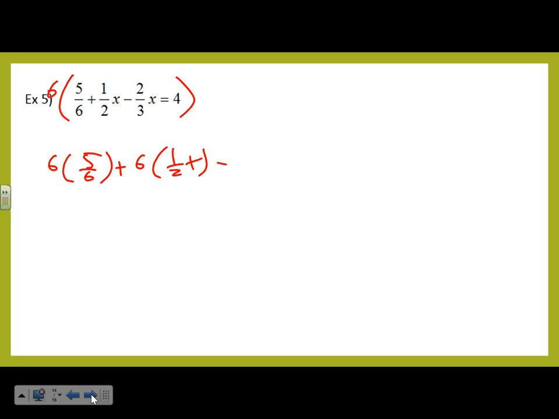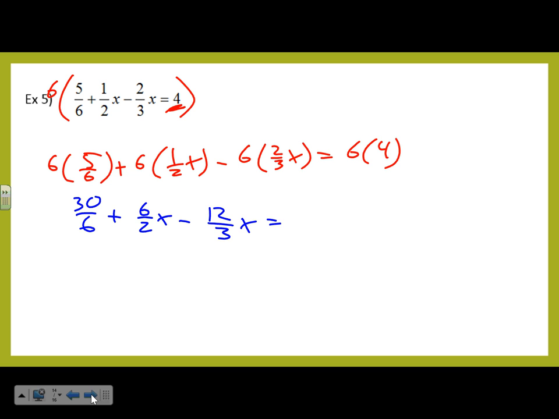Sorry, writing this all out. Don't forget to multiply everything, even that 4. A lot of people forget that. So that's 30 over 6 plus 6 over 2 minus 12 over 3 is equal to 24. And again, now we can go through and simplify a lot of these.